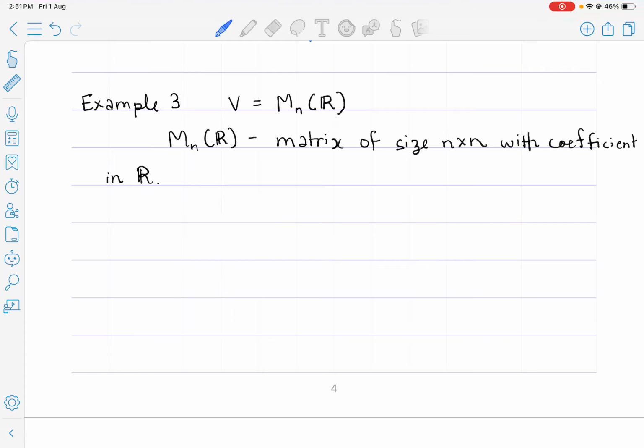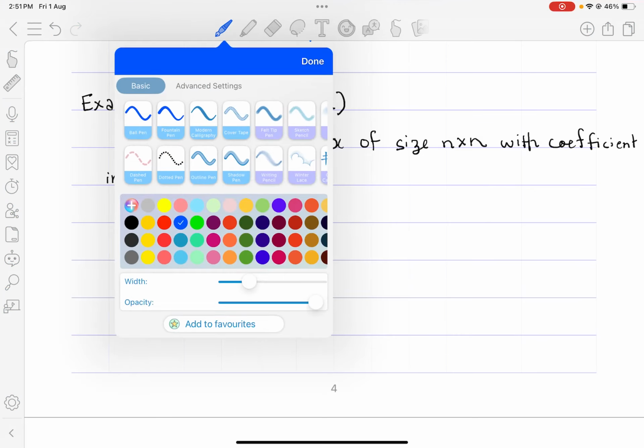Size means the rows and columns in the matrix. And how do I define this addition?